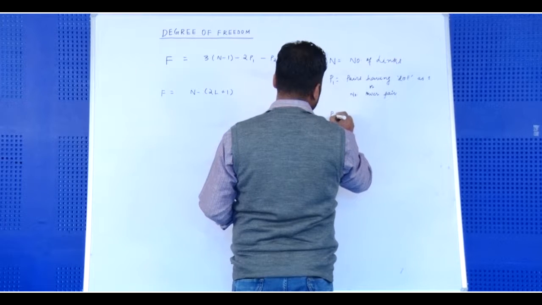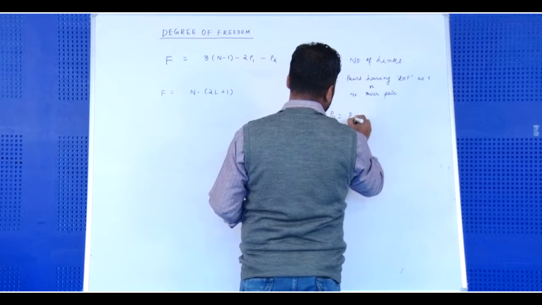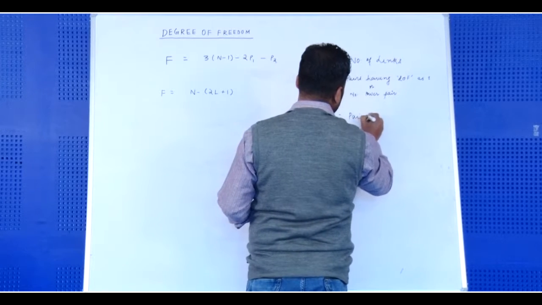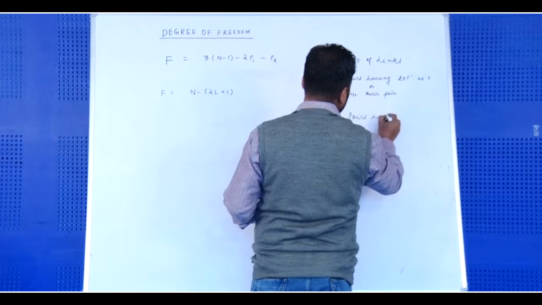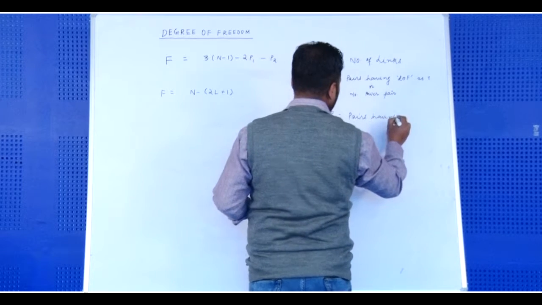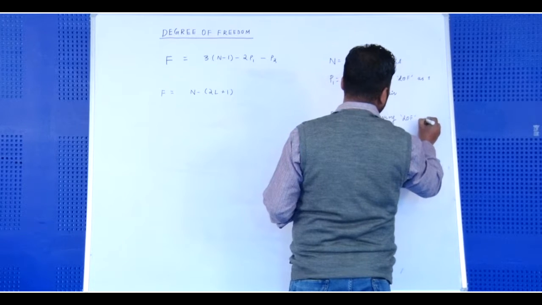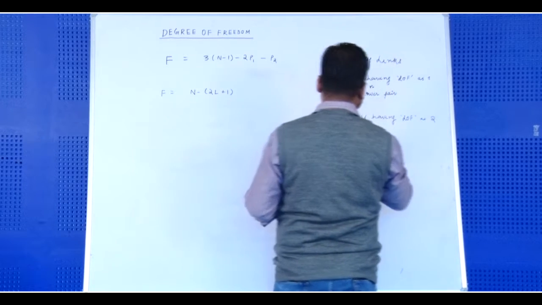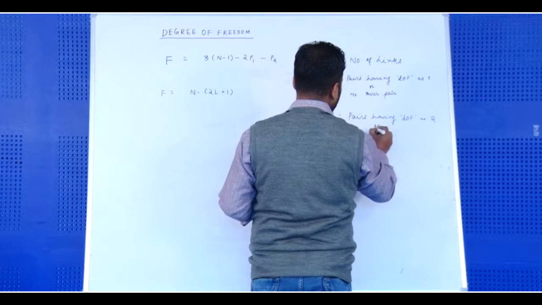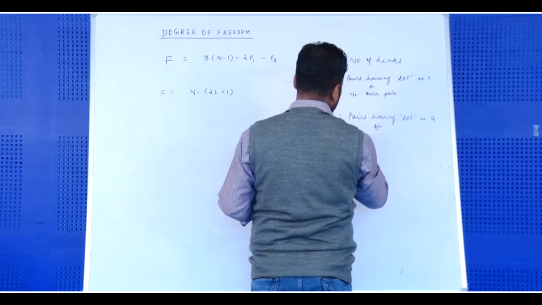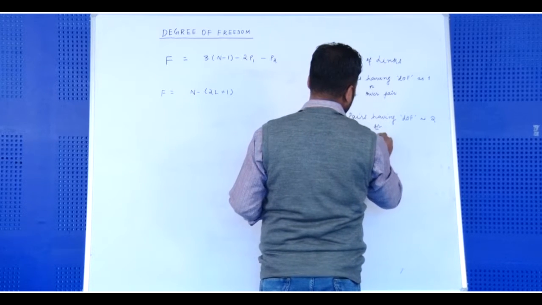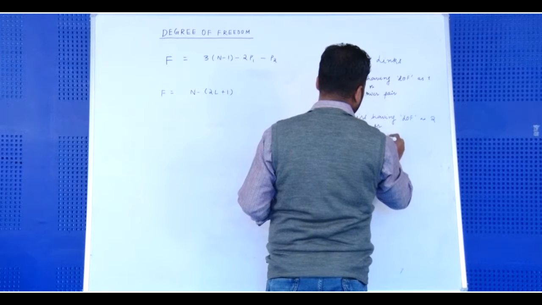p2 means pairs having degree of freedom as 2 or number of higher pair in the mechanism.